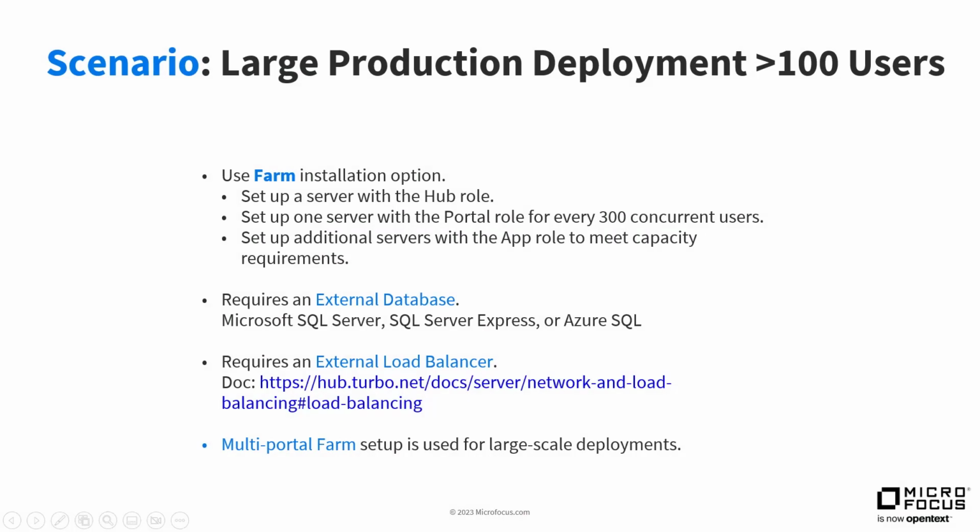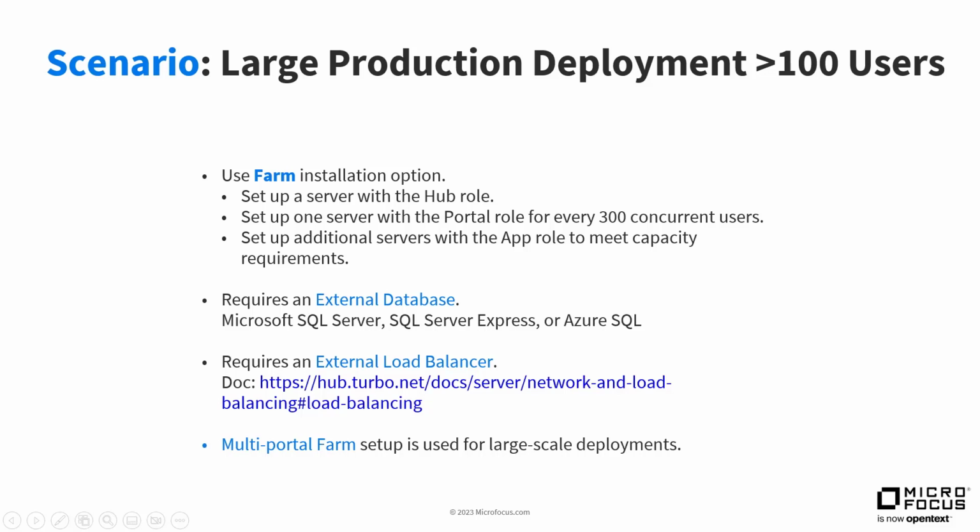If you have a large production environment or deployment, you should again use a farm installation option. You should set up a server with just the hub role and then a separate server for the portal role. If you have more than 300 users, you should set up a portal role for each 300 users.